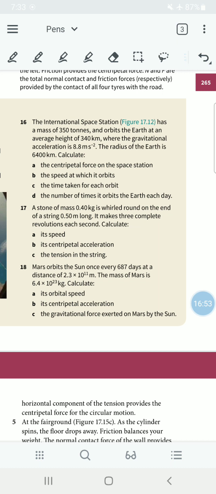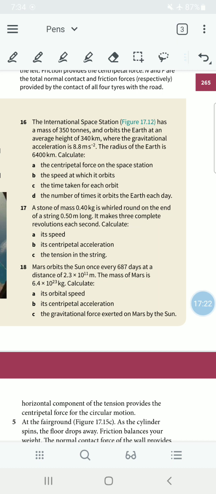So now there is a stone of mass 0.4 kilograms. Mass has been given, and the radius has been given, and they are asking for certain details. From the details they have given, we can find out another thing: the time for one circle, or one revolution, or one orbit.